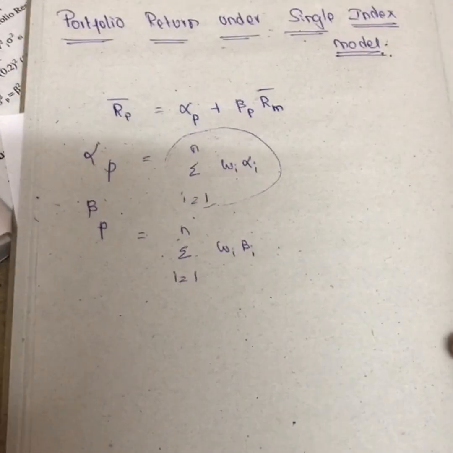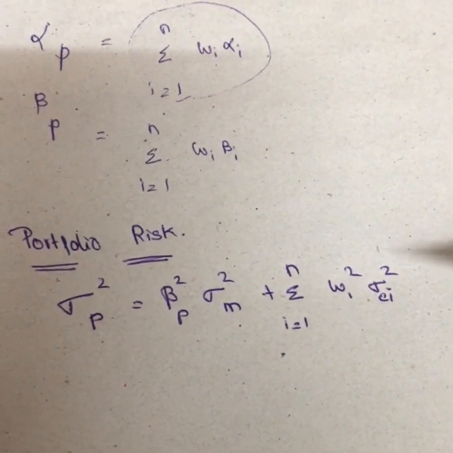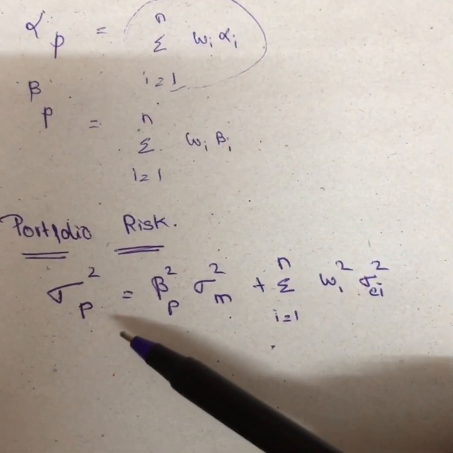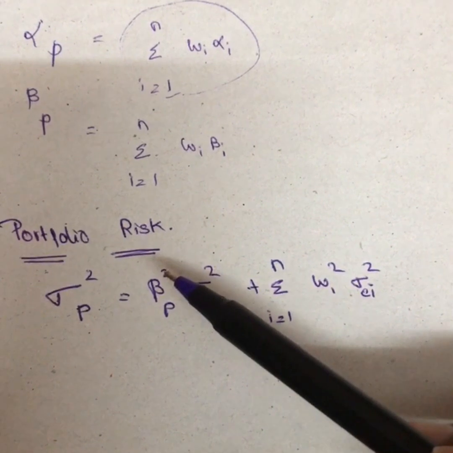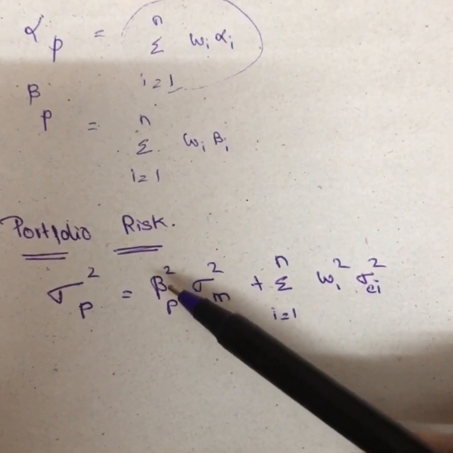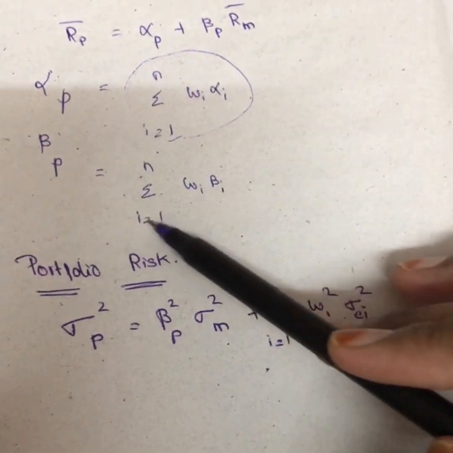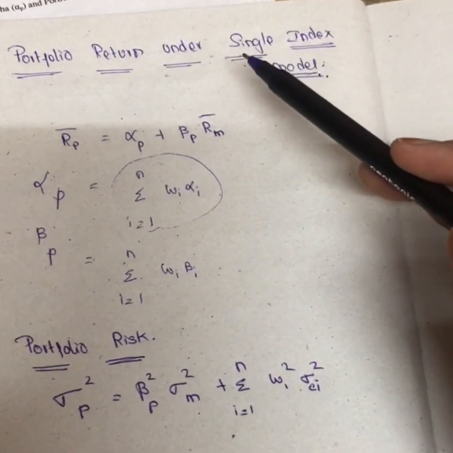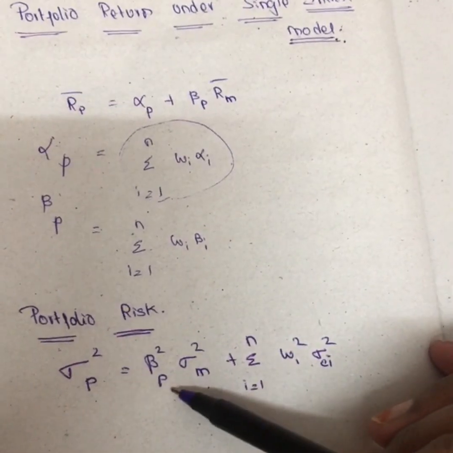Now we will see portfolio risk under single index model. The formula for portfolio risk is variance P, the variance of the portfolio, equals beta P the whole square. Beta P we have to calculate like this; anyway, we calculate it in portfolio return, so we can take this value from there.